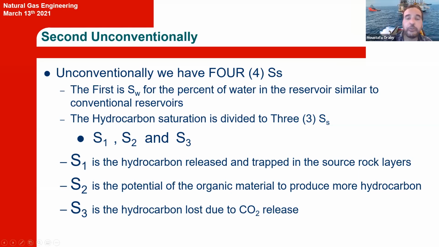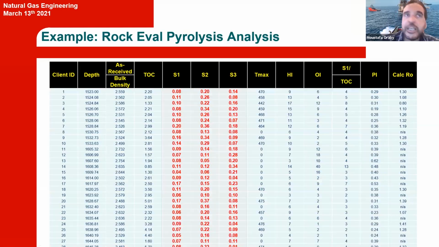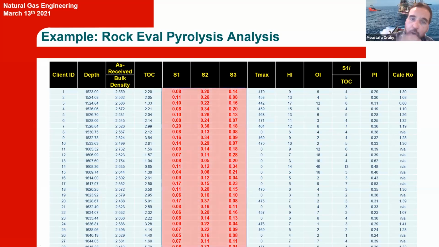Okay, so if you go and do any analysis, or you look at any analysis in any unconventional reservoir, you will find S1, S2, S3. So now you know what S1, S2, S3 are. S1 is the amount of hydrocarbon that if I drill today, I will produce. S2 is the potential, the ability of the source rock to produce more. S3 is very bad news.